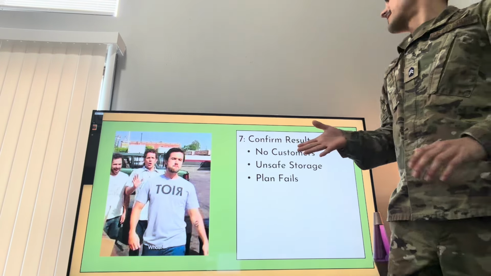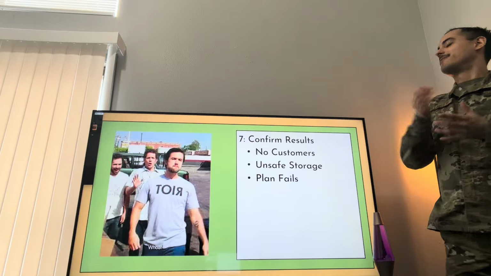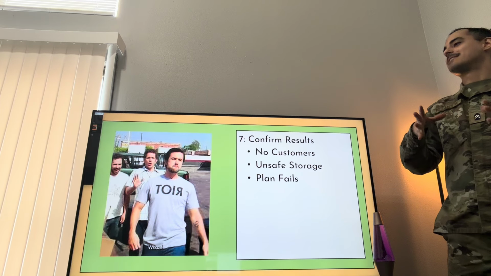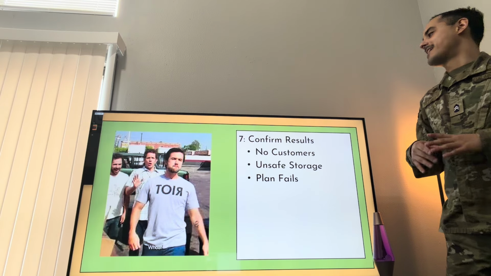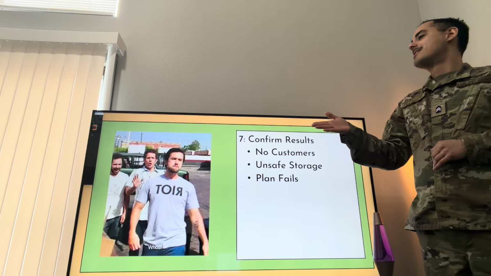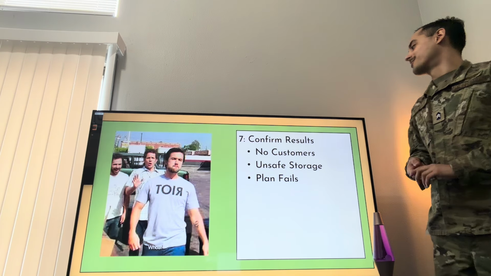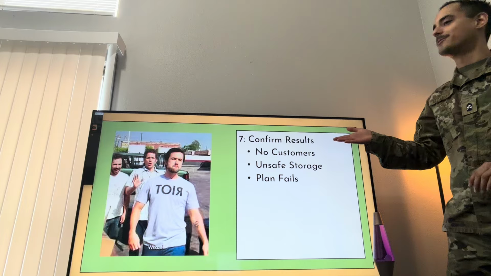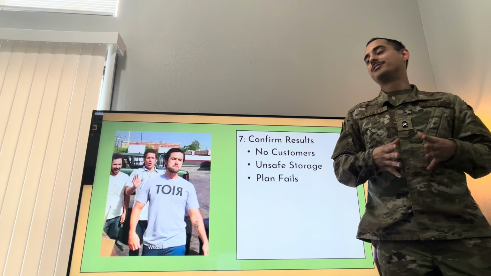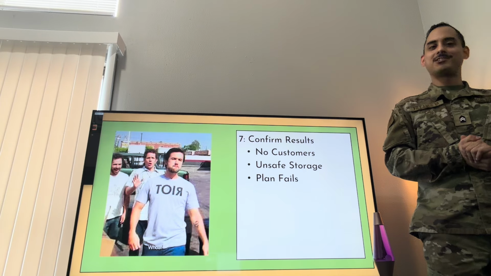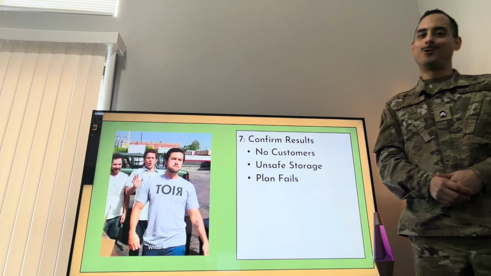So, for step 7 of the process, they reoriented, they developed their countermeasures. We're going to buy a bunch of gas, buy it in bulk, sell it door to door. They begin seeing that through as they try to sell the gas door to door. And now they want to, step 7, confirm their results. So, when the gang evaluates their situation and their results after trying to sell gas door to door, it becomes clear that their plan has failed.